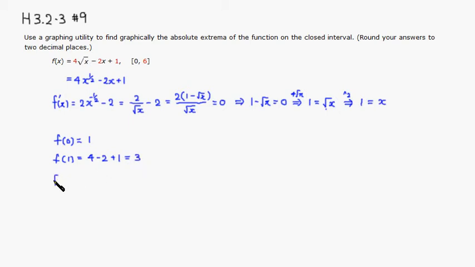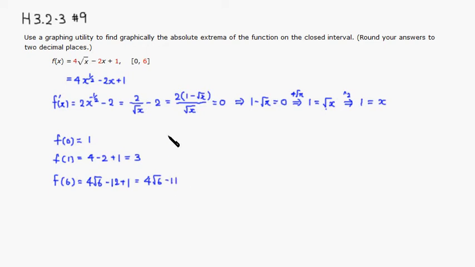And the last one is the other endpoint, so f of 6. It's going to be 4 square root of 6 minus, negative 2 times 6 is negative 12, plus 1, which is 4 square root of 6 minus 11.